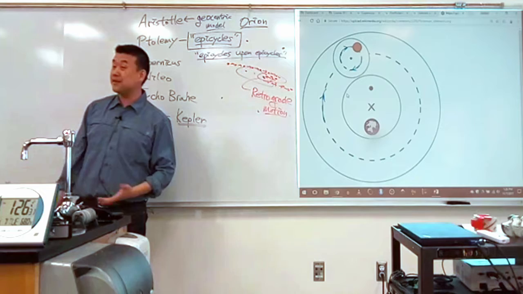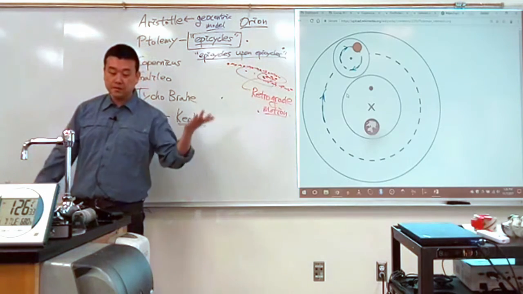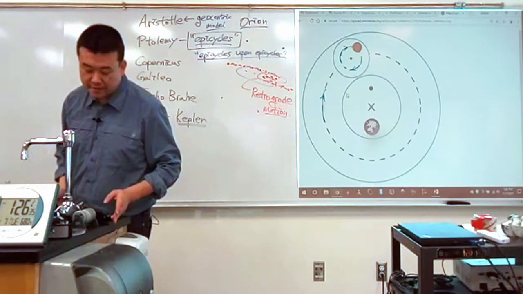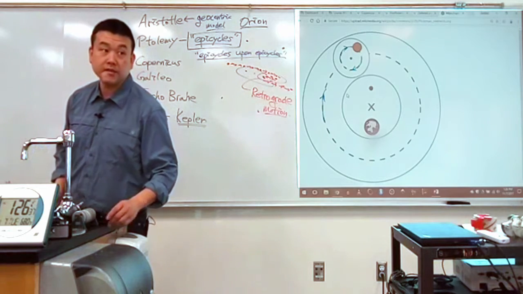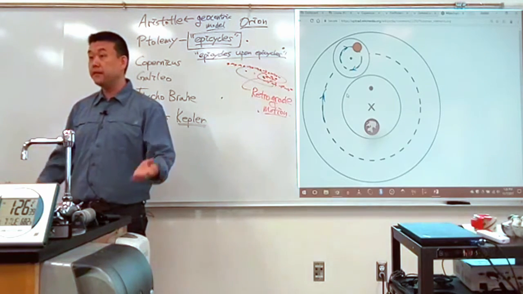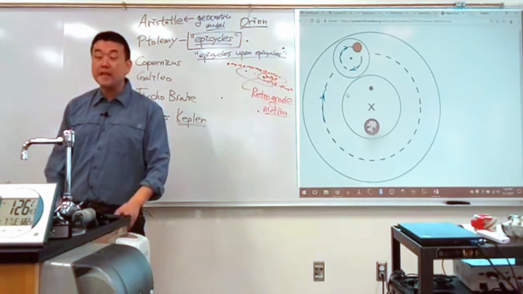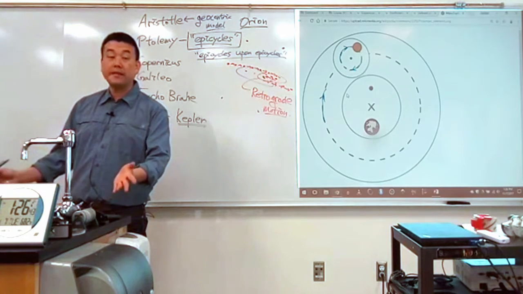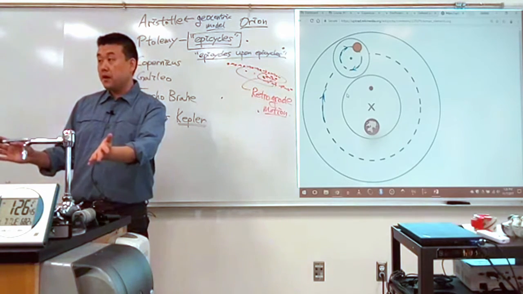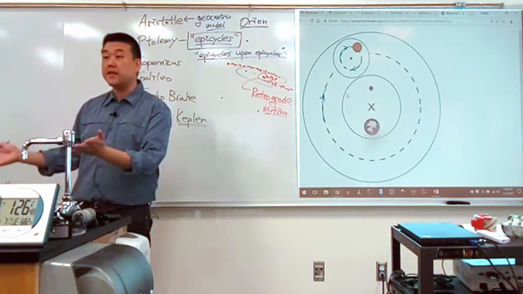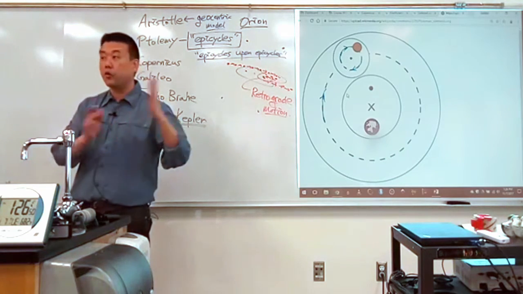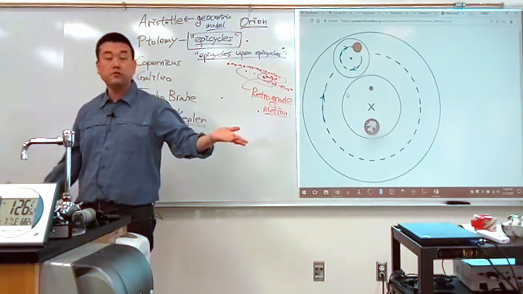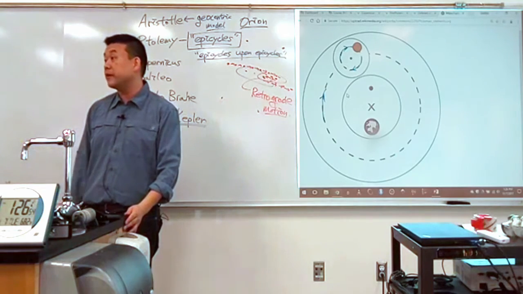And this actually happens in modern science. The greatest achievement in modern science is something called the standard model of particles. And if you talk to any particle physicist, they will tell you that they know for a fact that the standard model is not the final correct model, even though it's our greatest achievement of the 20th century.